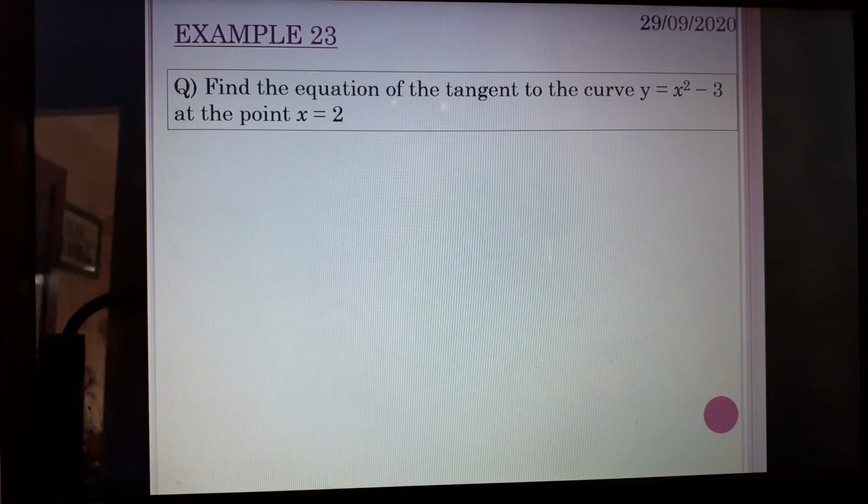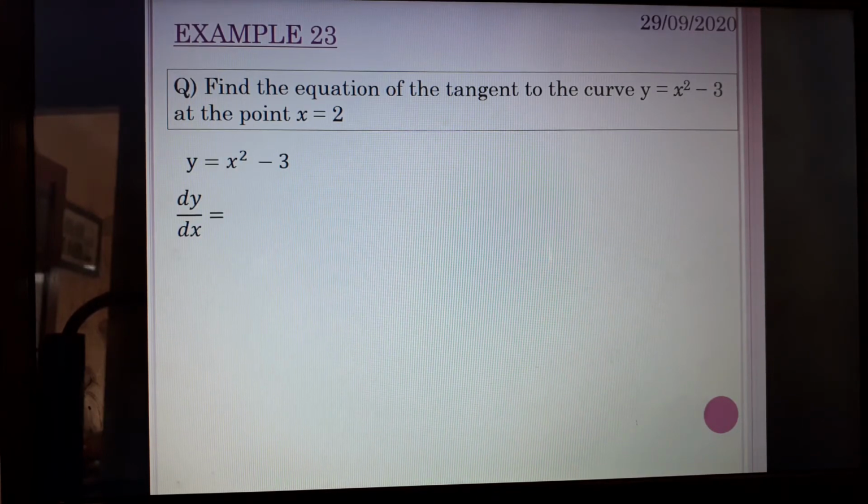So to find the other half of this coordinate, we're going to find what y equals when x equals 2. Now we have an equation here, which is y equals x squared minus 3. So if we put x equals 2 into that, we will get what y is equal to, which is the other half of the coordinate.